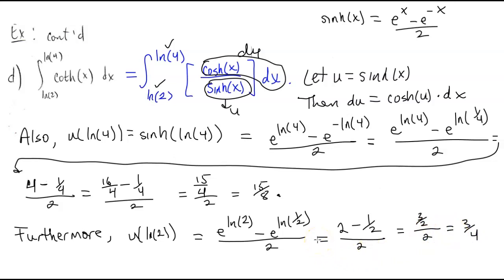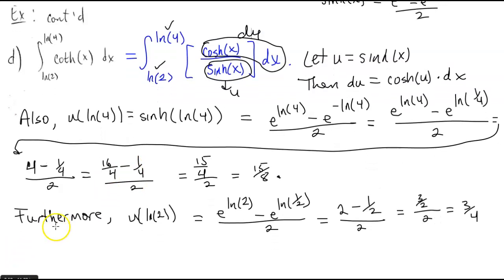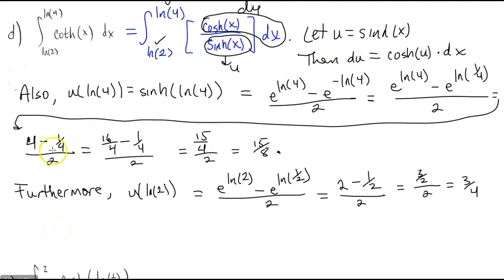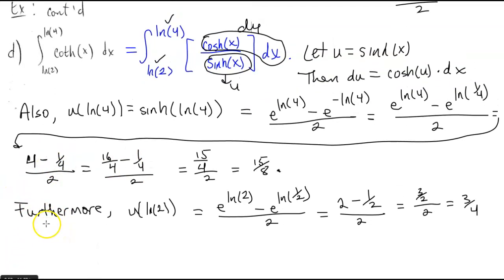So once we have that, then what we can do is go ahead and finish up. So I'm going to scroll down here. So now what this means, and I'm going to switch colors here.